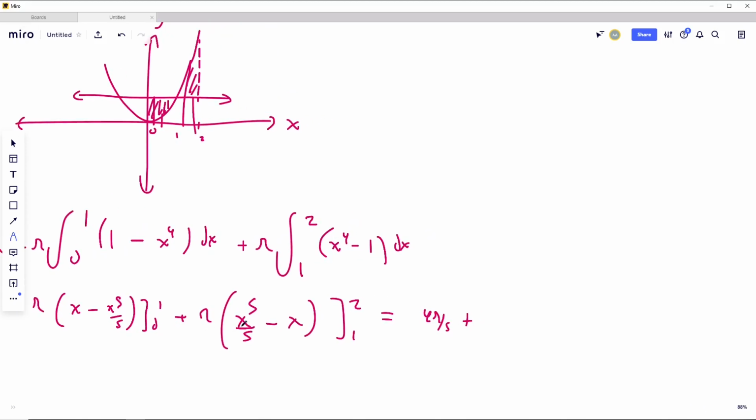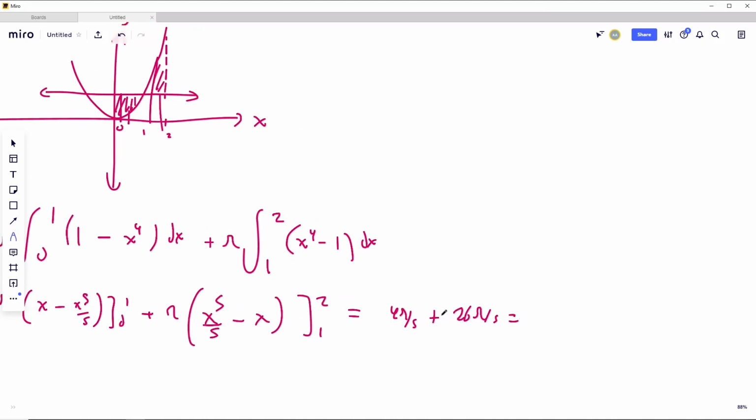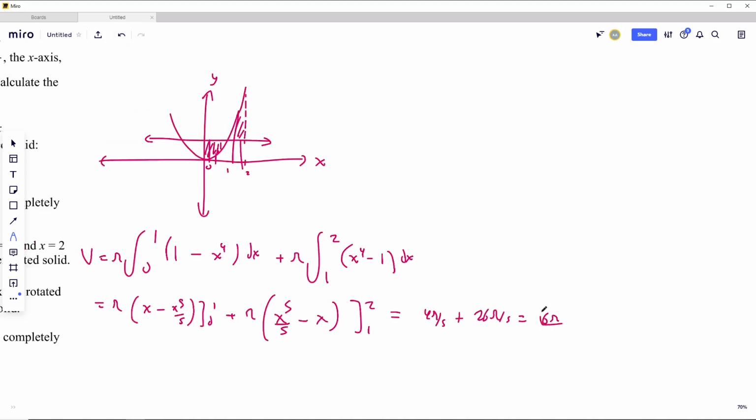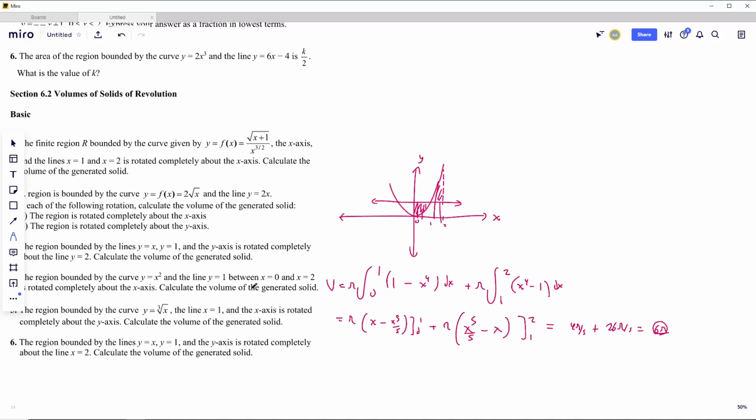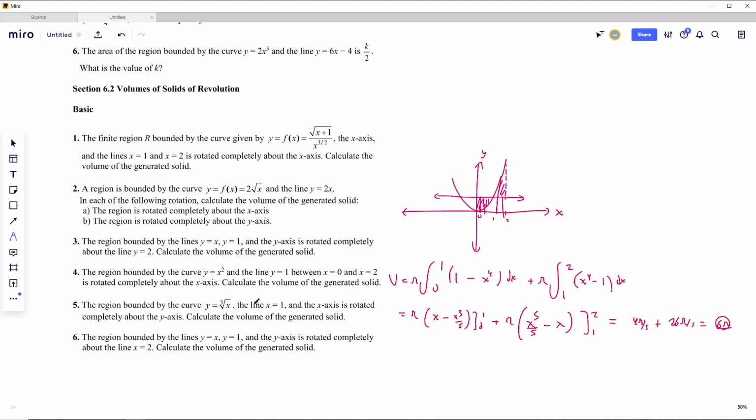And the second area, or volume, actually, we're getting volumes, 2 to the power 5. Yeah, you get 26 pi over 5, and if you add them, 26 plus 4, 30, 30 over 5, 6 pi. Yeah, 6 pi. And that's it pretty much. Otherwise, you wouldn't have gotten this answer using integrating from 0 to 2, basically.